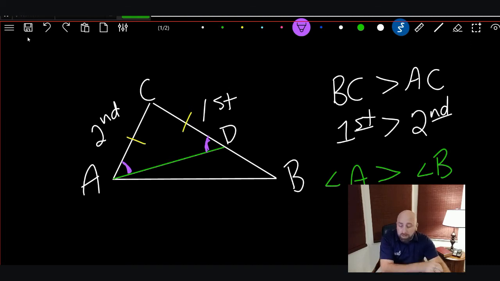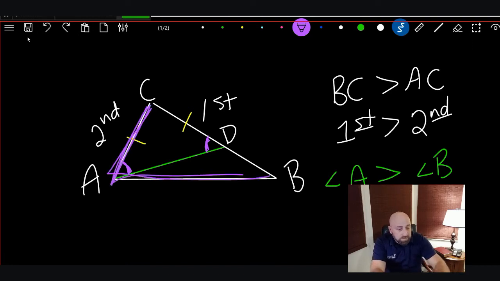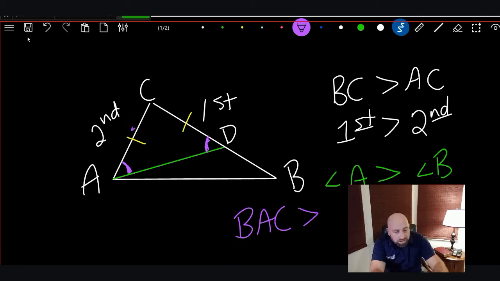Now, because of that, you would say that this angle, BAC, is greater than, so BAC is greater than what? CAD.